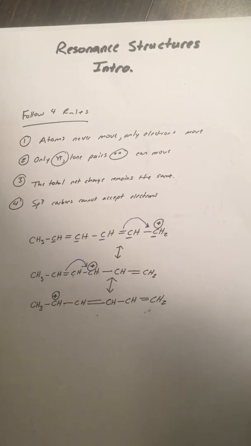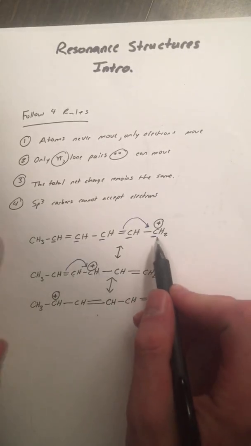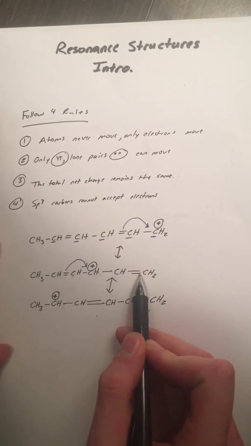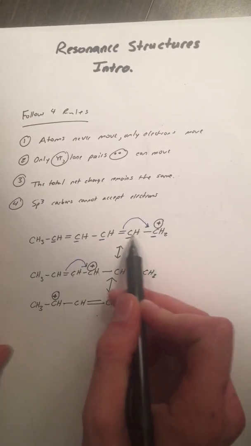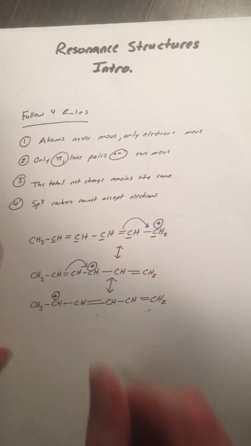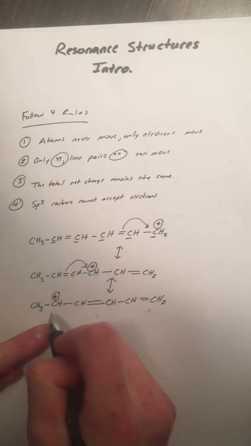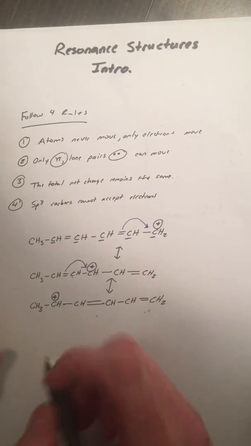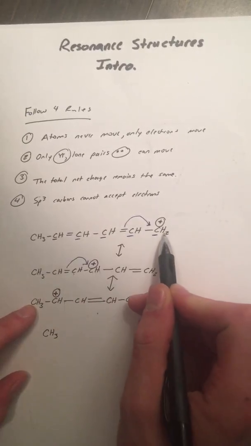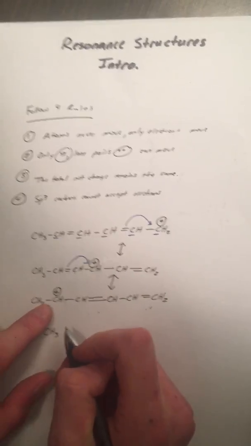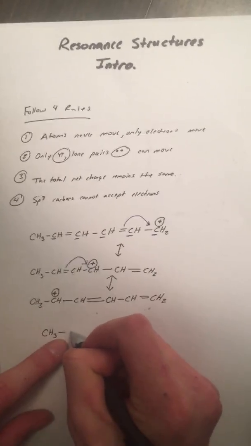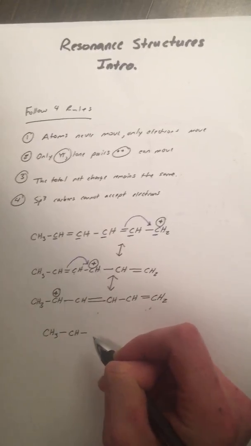And now drawing the hybrid, any point where we had pi electrons that moved, we can draw them as dots. That's how you draw the hybrid. So it goes CH3, single bond, CH.